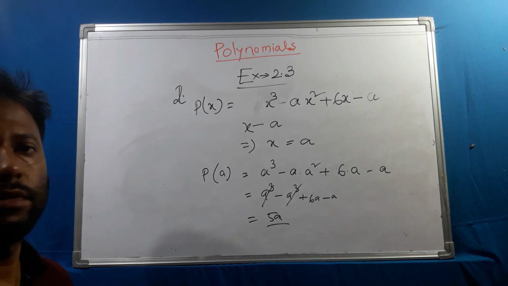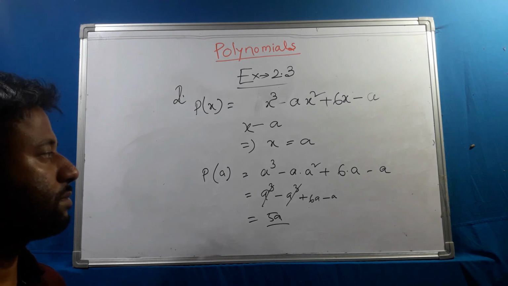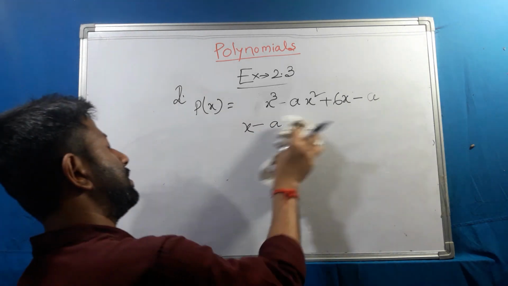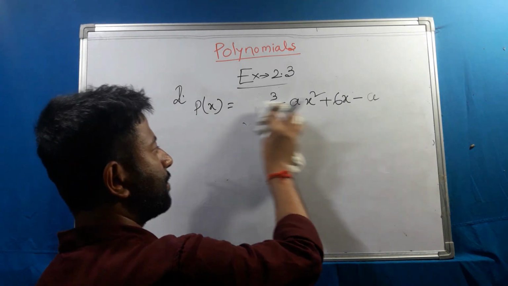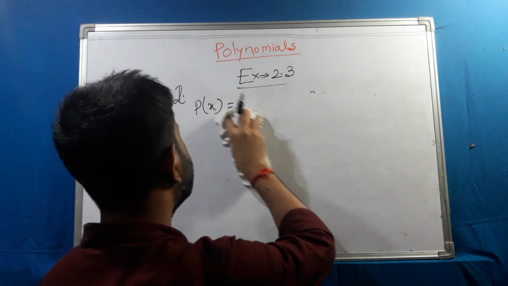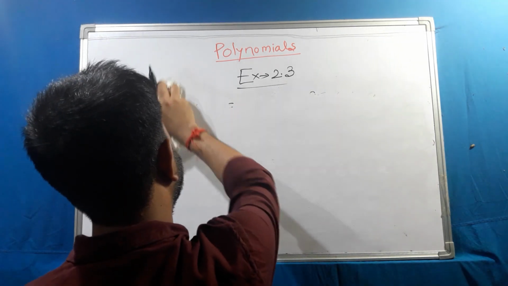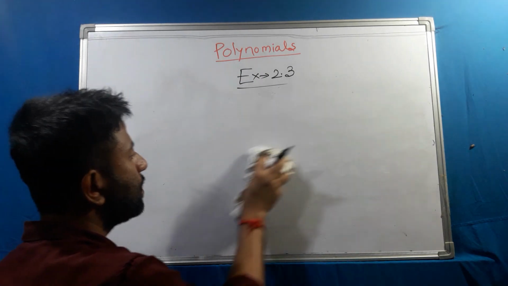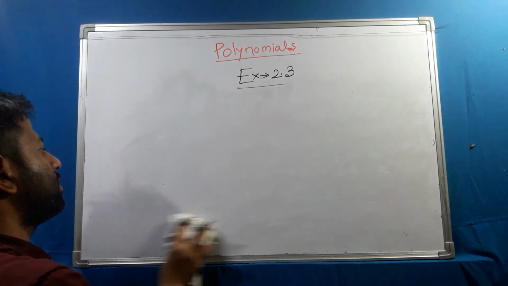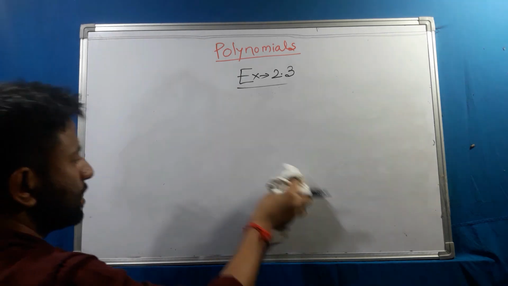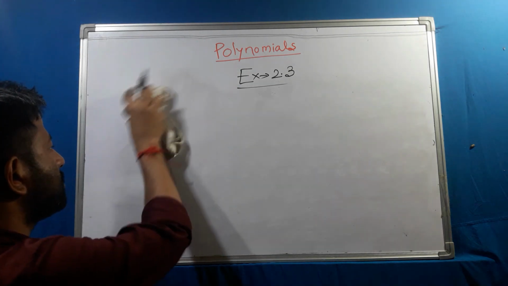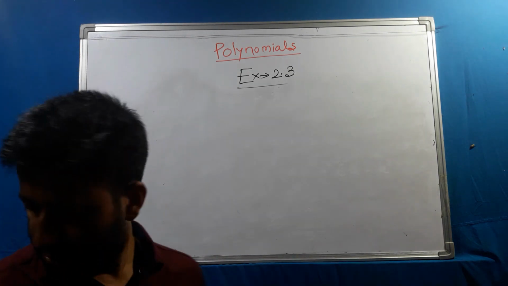Now I'm moving towards question number 3. In question number 3, an expression is given, and I have to verify whether a given term is a factor of it or not. In that situation we have to remember that when a term is a factor of an expression, the value of the expression should come to 0 when we put the root.